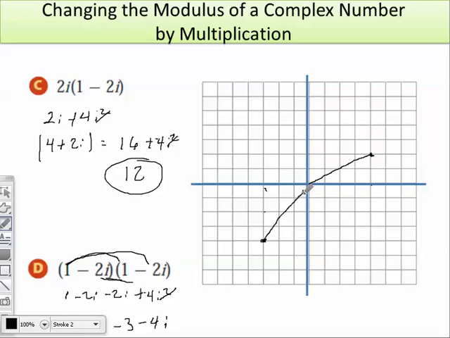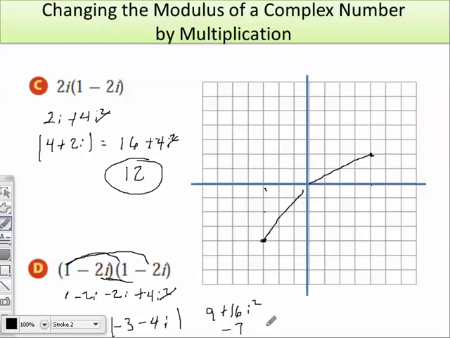And what would my modulus be in this situation? Taking the modulus of this, I get 9 plus 16i squared. Well, 16i squared is negative 16. That would be a negative 7.